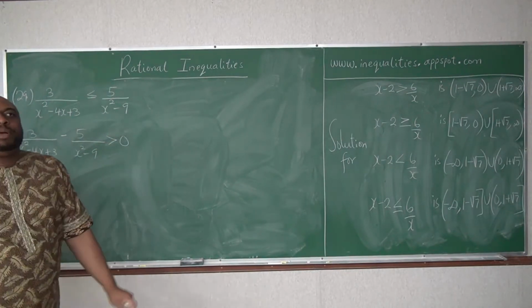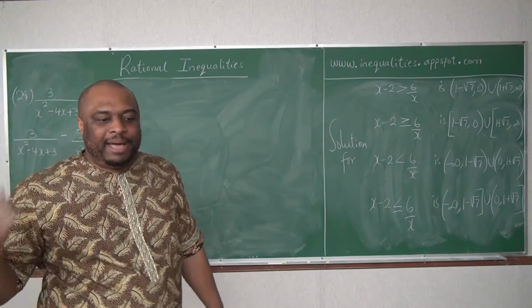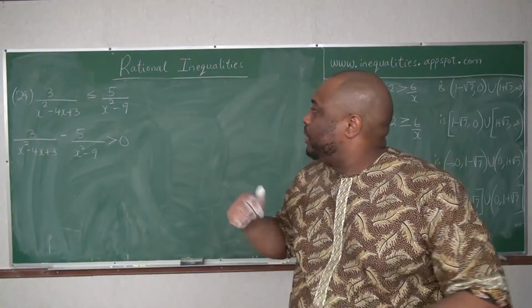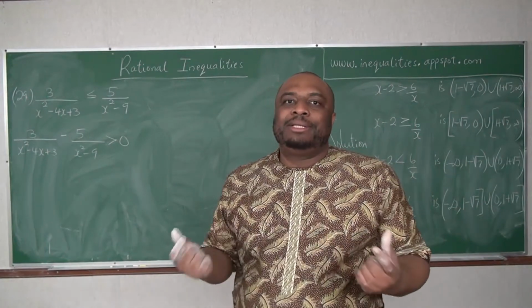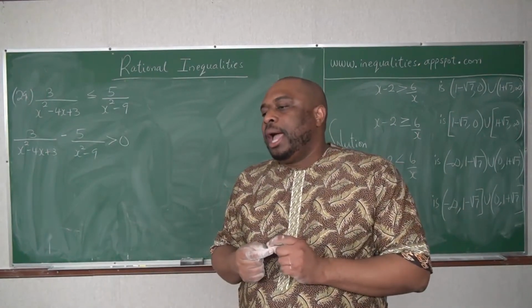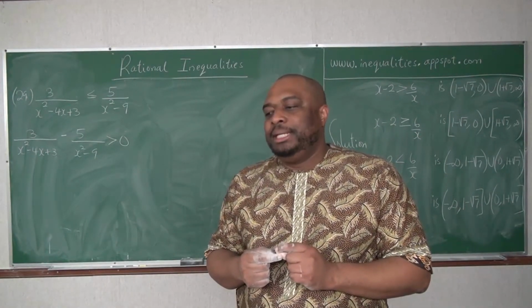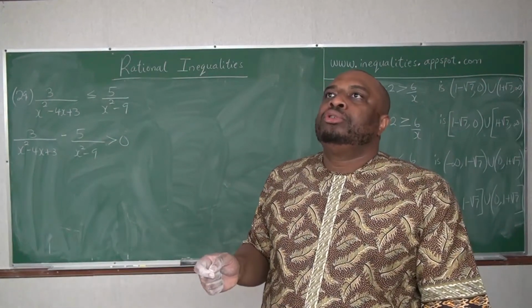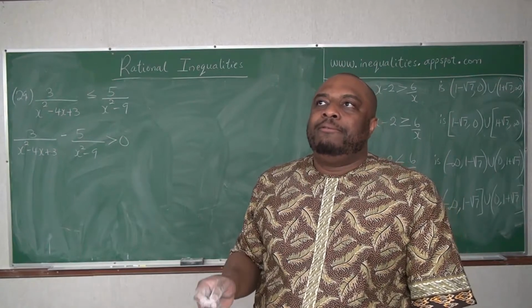All right, before we simplify that rational expression, before we subtract it, we need to find the LCD, the least common denominator. And before we find the LCD, we need to factor it.